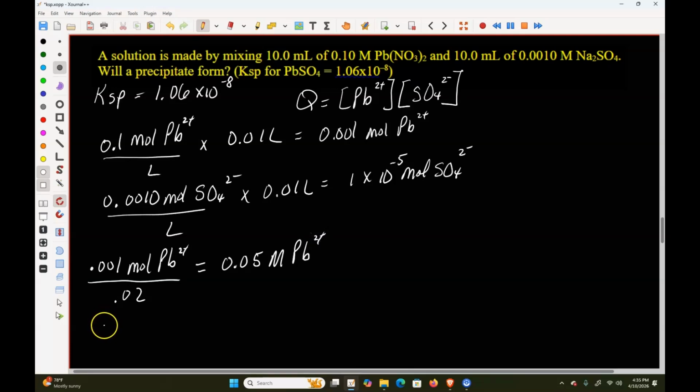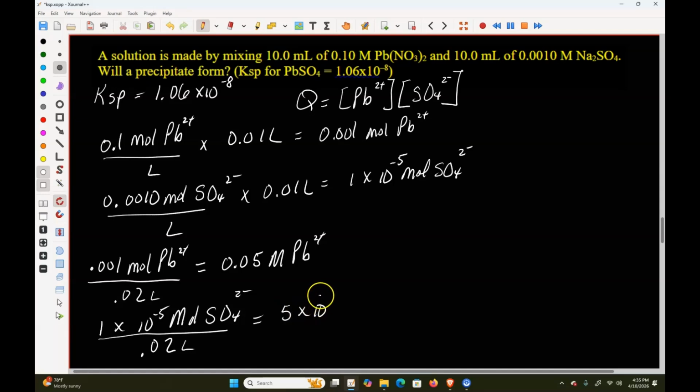For my sulfate, 1 times 10 to the negative 5 moles of sulfate over 10 plus 10, which is 20 milliliters, or 0.02 liters. All right, so that'll give me 5 times 10 to the negative 4th molar sulfate.